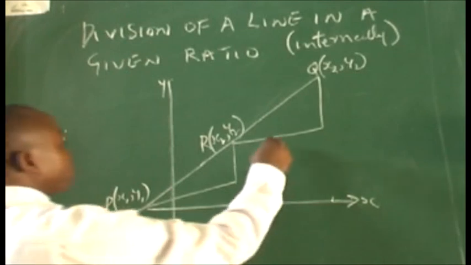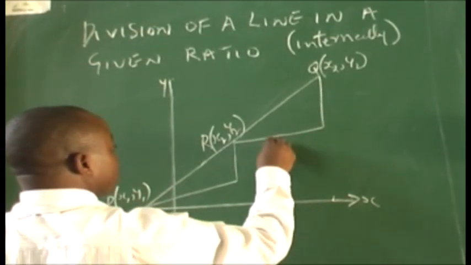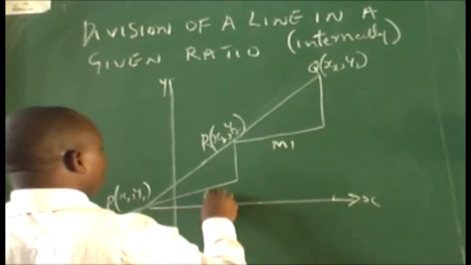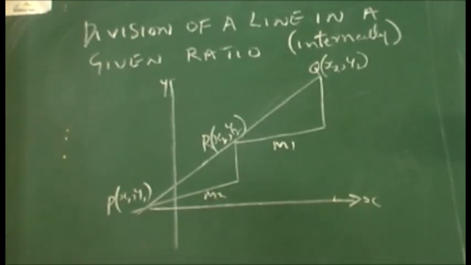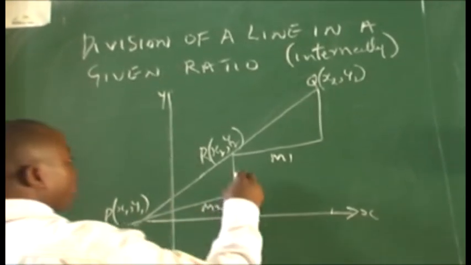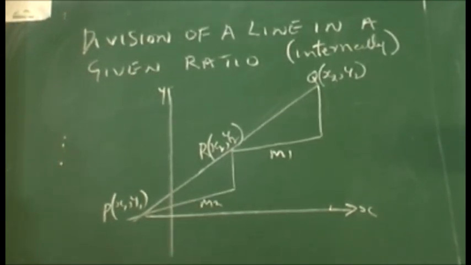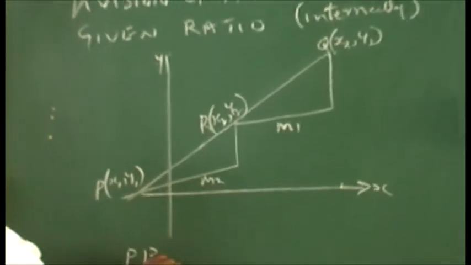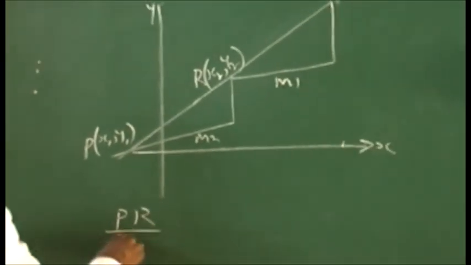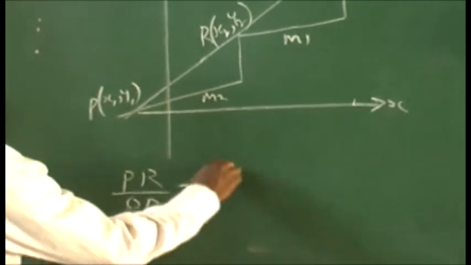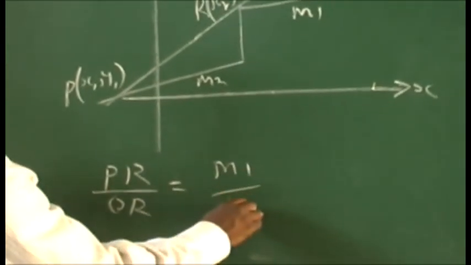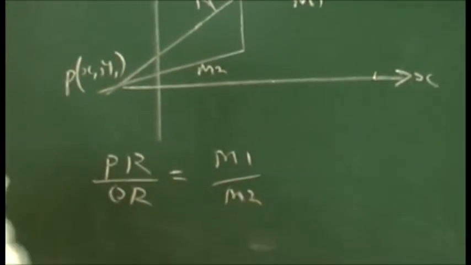Then we have the ratio, which is M1, call this M2. What we have here is that PR all over QR will be equal to M1 all over M2.